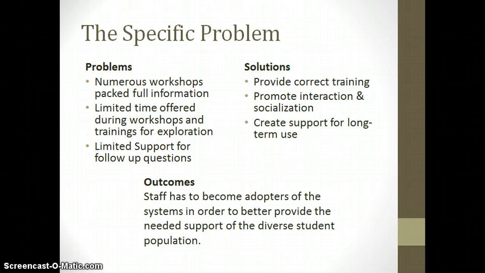The outcomes: staff has to become adopters of the systems in order to better provide the needed support of the diverse student population, which is of course our students.